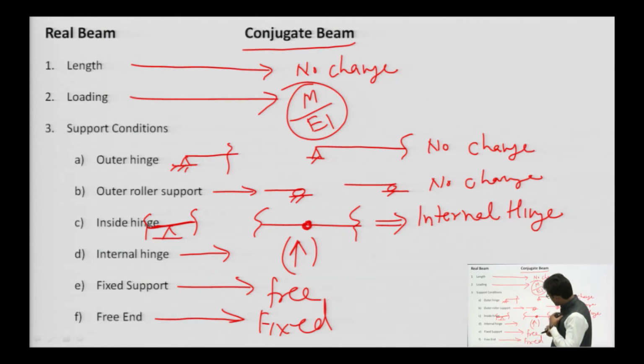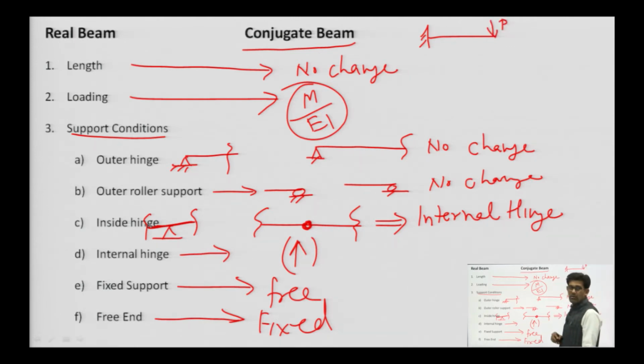If you ask why we are changing the support conditions, see here. I have a cantilever beam with a point load P, and its length is L. Its bending moment is PL.